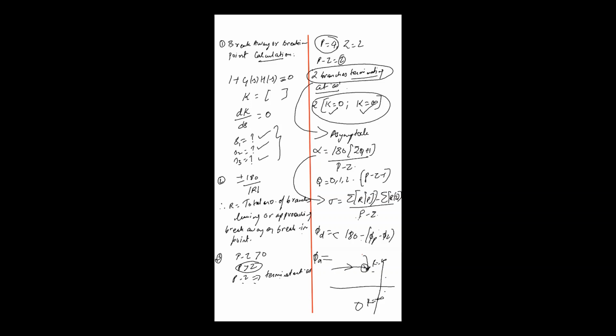Whether they will arrive like this, like this, at which angle will they arrive? That is given by angle of arrival. This is nothing but the reverse of this. So this is 180 minus phi z minus phi p. This is how you calculate the angle of arrival. So please be very clear what is angle of arrival and what is angle of departure.